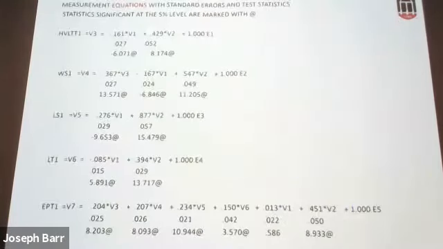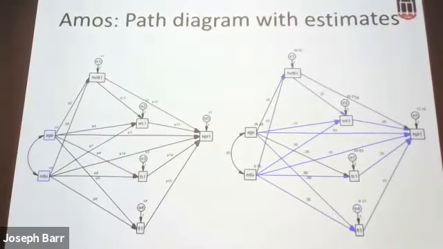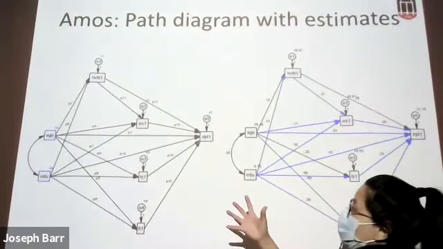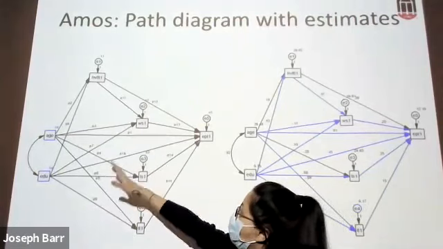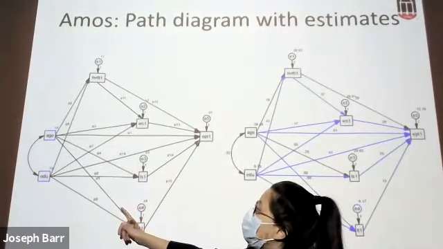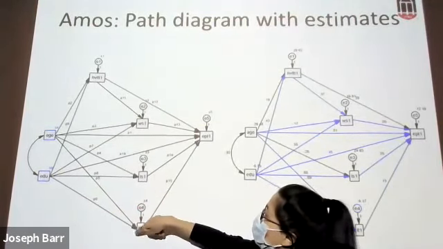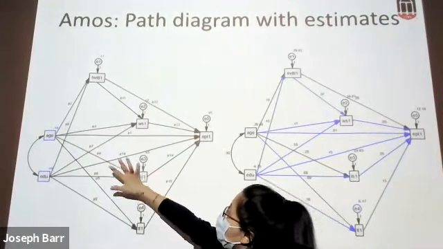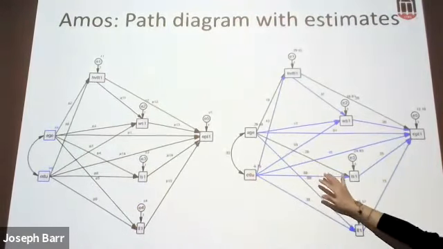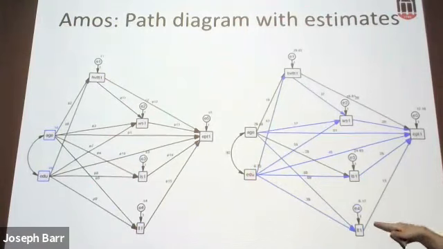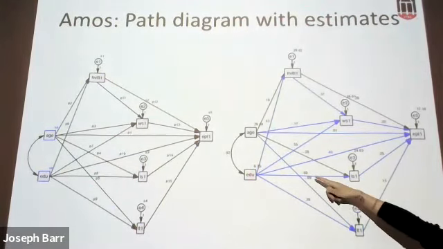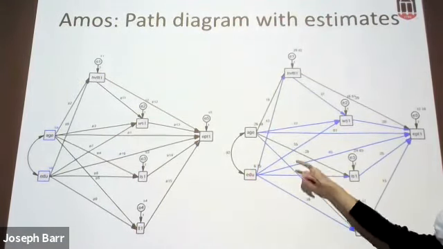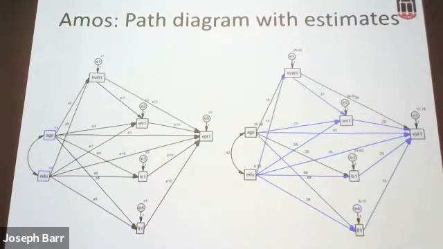For Amos, you have to draw the path diagram. Actually, this is from Amos. And this is the original model. This is the estimated model with those numbers. Okay, the estimates are attached in this path diagram.